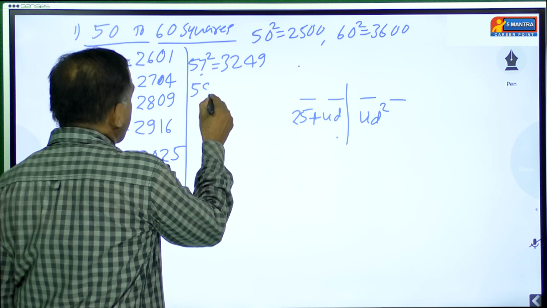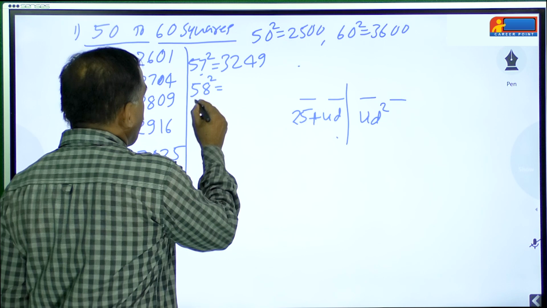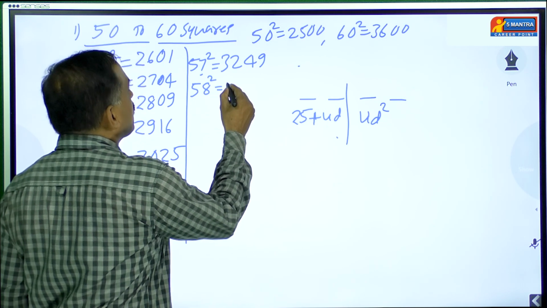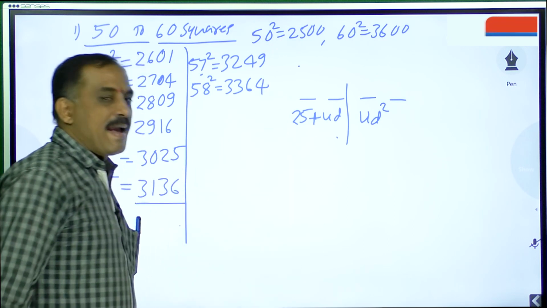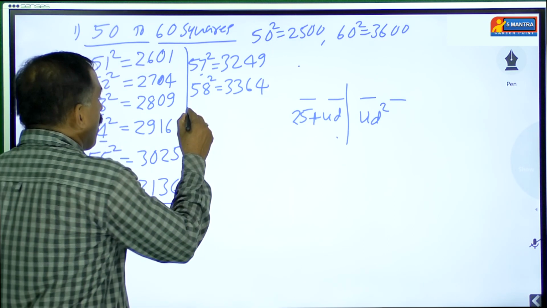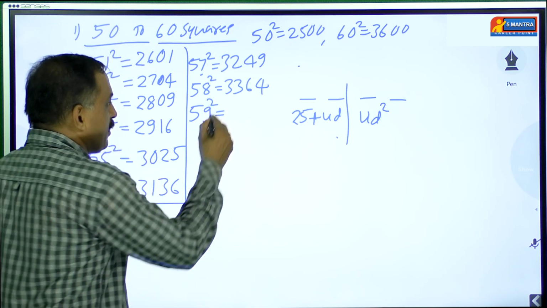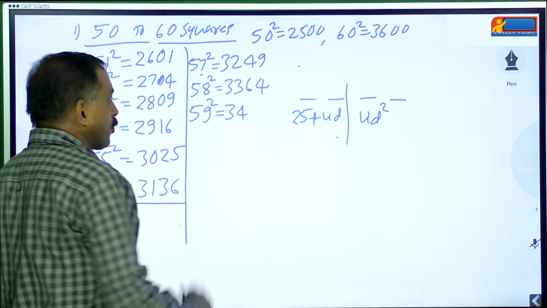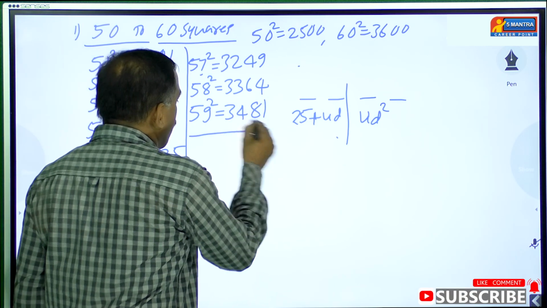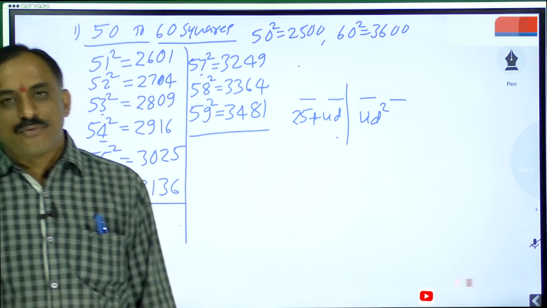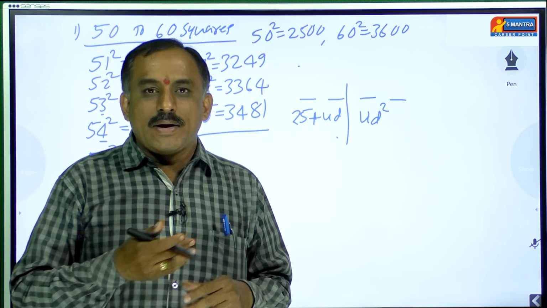Tell me 58 square, try it. 25 plus 8 is 33 and 8 square is 64, so 3364. And 59 square: 25 plus 9 is 34, then 9 square is 81, so 3481. These are the squares from 50 to 60 without doing any hard work, without using a calculator.